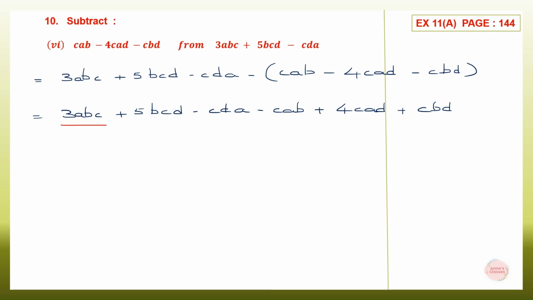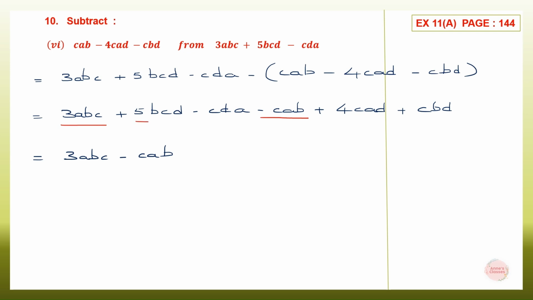So let's write this down. Do we have any other abc? A, b, c. No, only this. So let's write these two together. So what do we have? Here we have 3abc minus cab. It's the same as abc because they have the same literals.